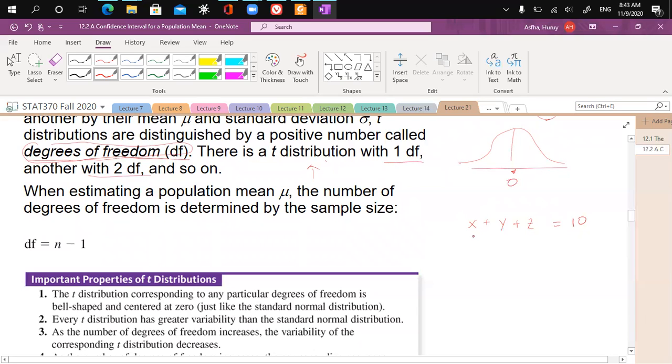How about if I give you the value of x? Let's say x is 4. How about now? At this point, we still cannot find the values of x, y, z.